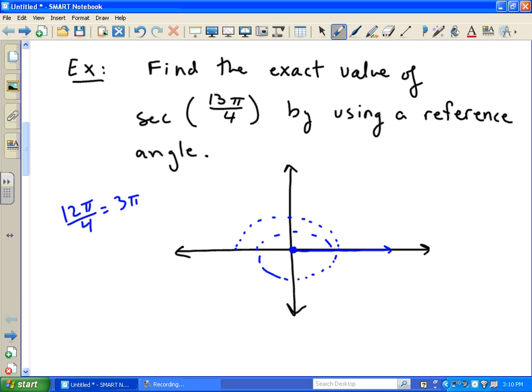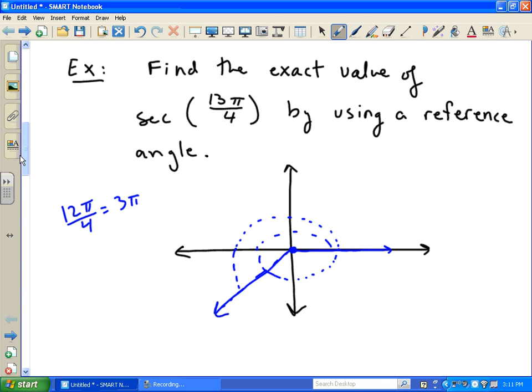Well, we're a pi over 4 away. We need to rotate one additional pi over 4 to get to 13 pi over 4. So an additional rotation of pi over 4 would put me right here. That would end up being my terminal side. So there is 13 pi over 4.